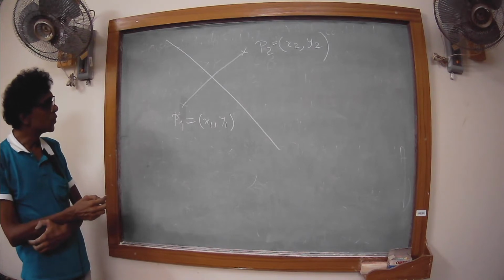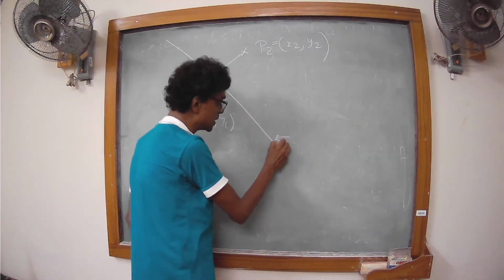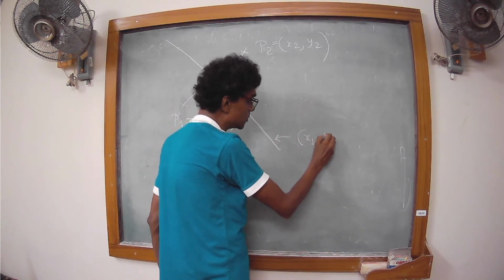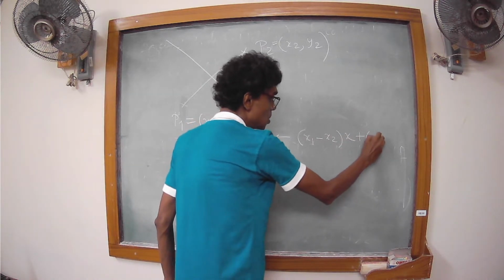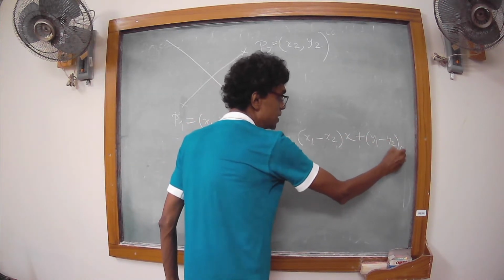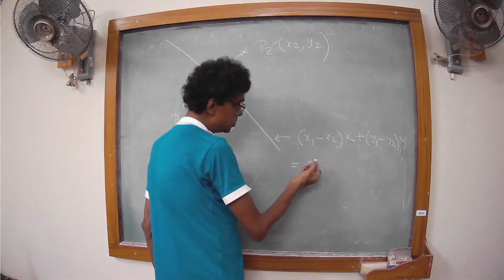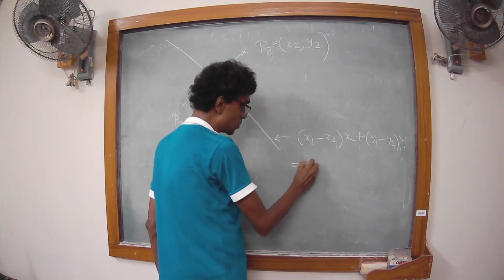You can find the equation of this bisector, and if I am not mistaken, this line has an equation like this. Again, some of the signs may be wrong. (x1 minus x2) x plus (y1 minus y2) y equal to maybe this one.